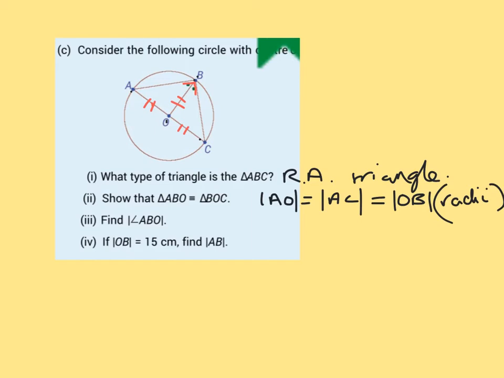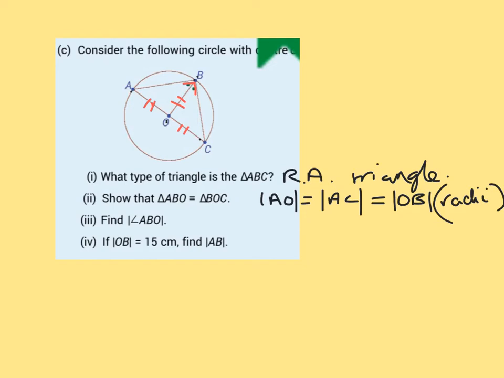So we've now said that we have sides that are the same. Let us look then at our angles. Remember, when we want to show that these triangles are equal, we want to show congruency. So we want to show either side, angle, side, angle, angle, angle, or side, side, side.